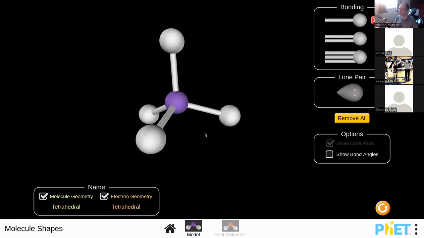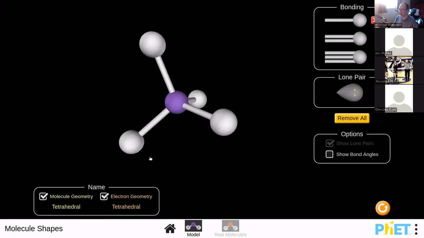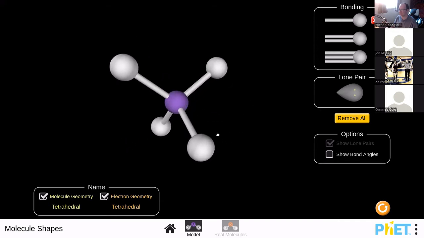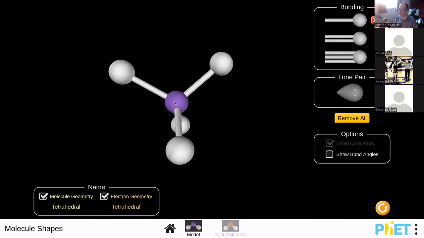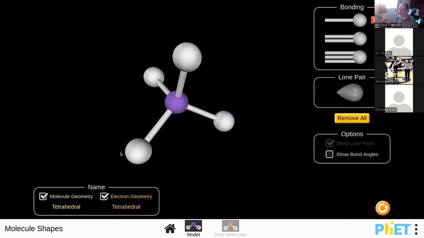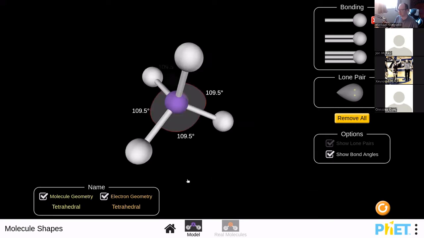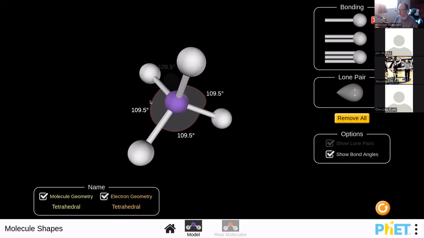Another thing I didn't mention: the reason this forms a tetrahedron is that this is how you get the maximum distance between all of these. This is the furthest away from each other that these can arrange themselves around that central atom. If you look at the bonds here, you'll see that they're all at 109.5 degrees.